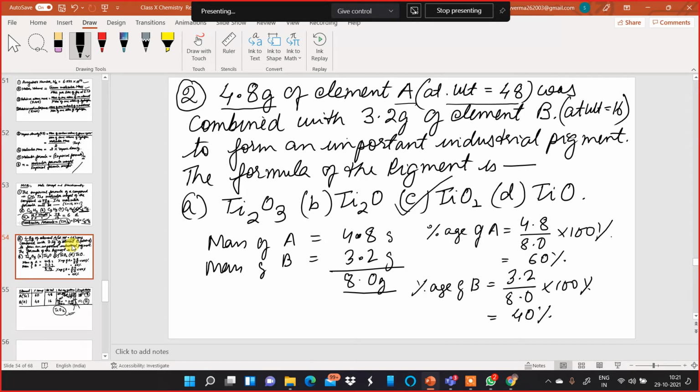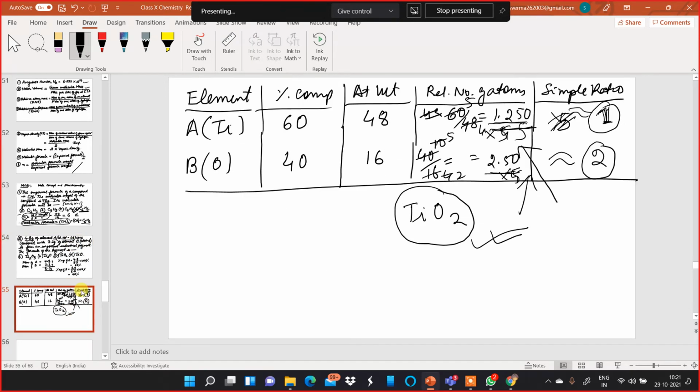Now let me tell you the use of TiO2. It is used to paint bonnets of cars and bumpers of cars. In your four-wheeler, at the front of the vehicle at the bottom, just above the wheels, there is a black colored bumper. That is painted with titanium dioxide.